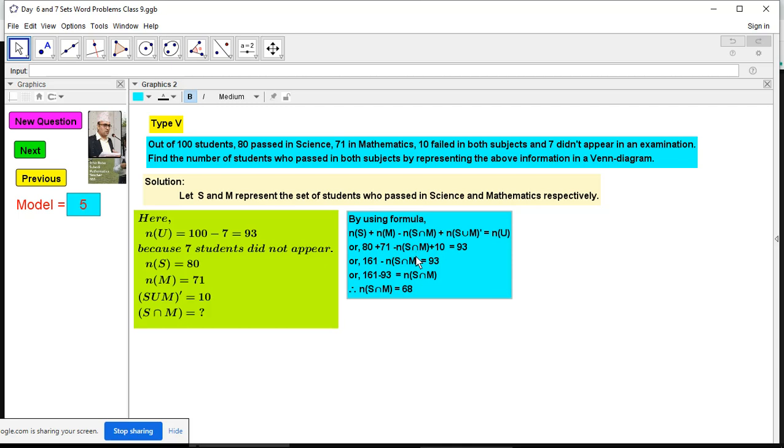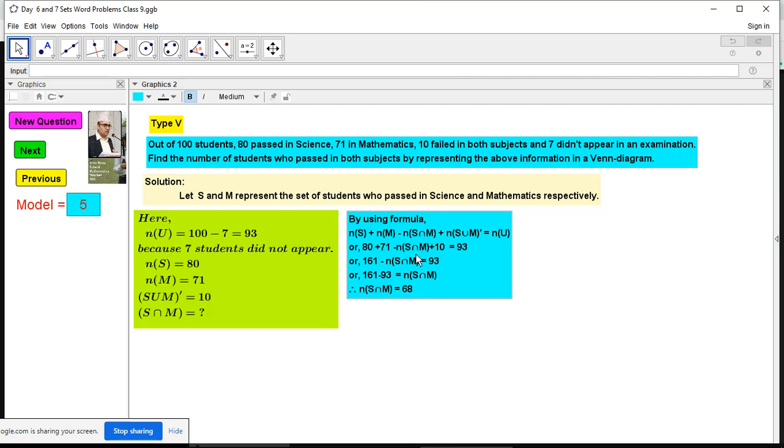Here also I have not supposed any variable, because if you need to calculate the value first, you can find it without any supposition. If you need to plot in the Venn diagram first, then definitely we need a variable instead of writing number of S intersection M. That variable X or Y will suit the Venn diagram best. So 80 plus 71 minus the intersection equals 93.